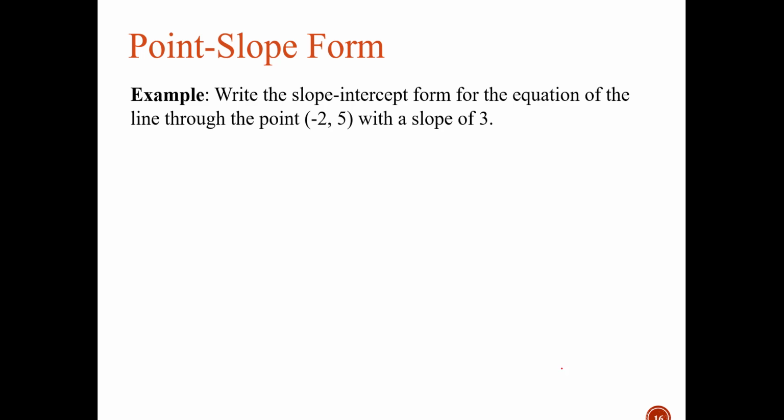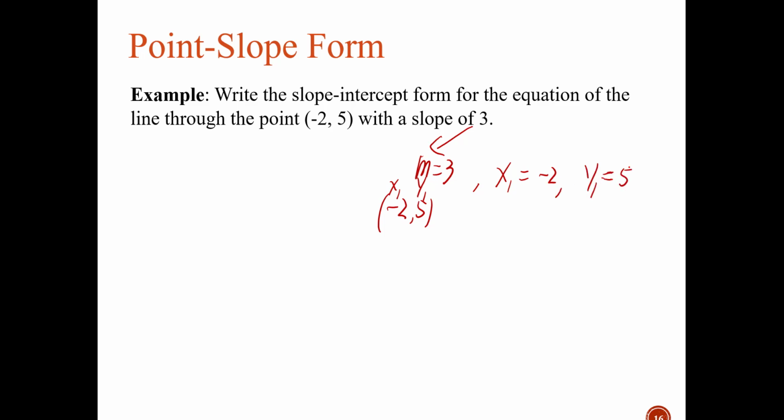Now write the slope intercept form for the equation of the line through this point, and the slope 3. So this is even easier because slope is given here, so we don't have to calculate slope. And we are given the ordered pair -2, 5, and we know x1, y1. So we know slope, x1 is -2, y1 is 5.